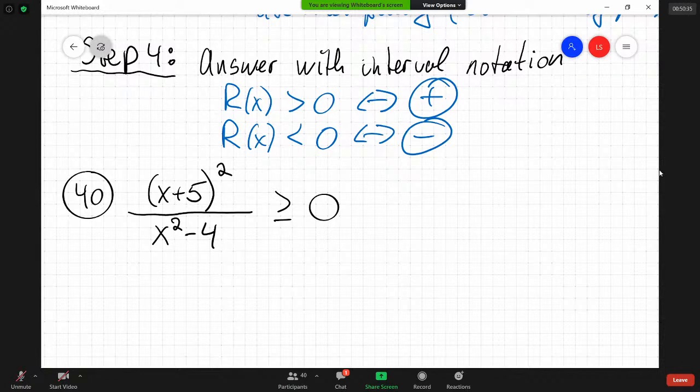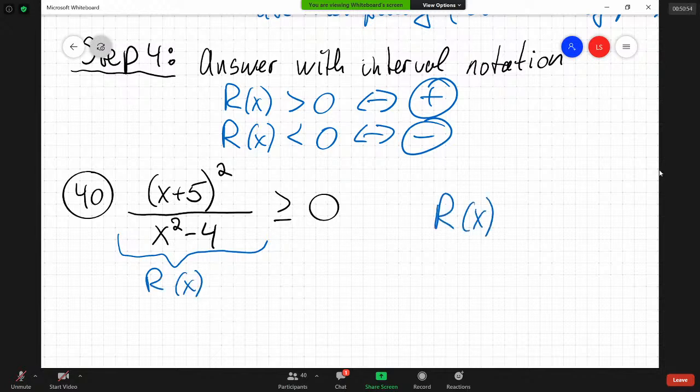Step 1 for these, if it needs to be done, it's more complicated than polynomials. We'll see it on our next example, but in this example, step 1 is done. It's already 0 on the right-hand side. The left-hand side is already one term, so this is my r of x. And I'll just copy it over here. It's x plus 5 squared over x squared minus 4.